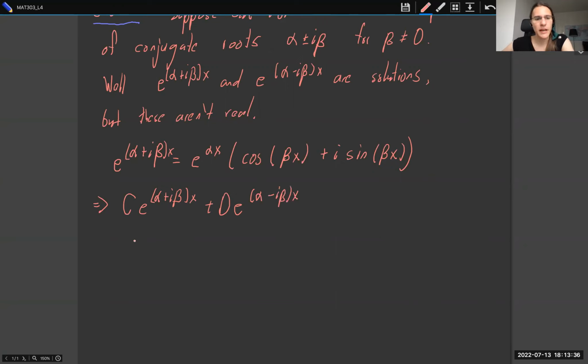Then we can rewrite this with the e to the alpha x outside, and then we'd have c times (cosine beta x plus i sine beta x). Sorry, both of these are beta.